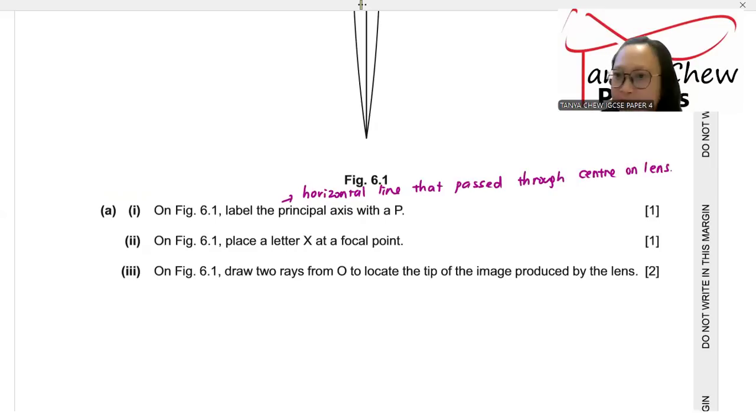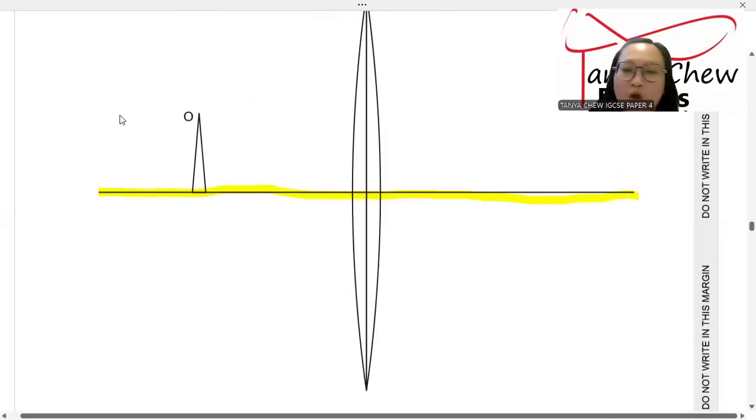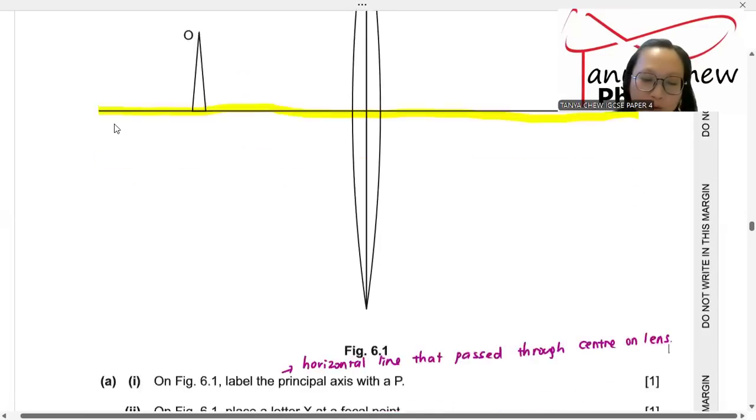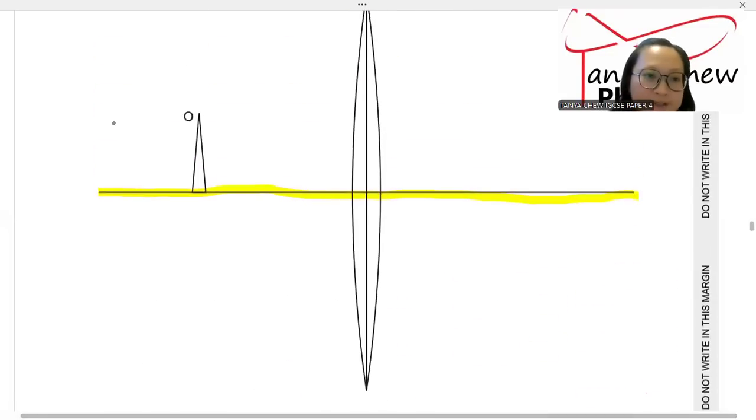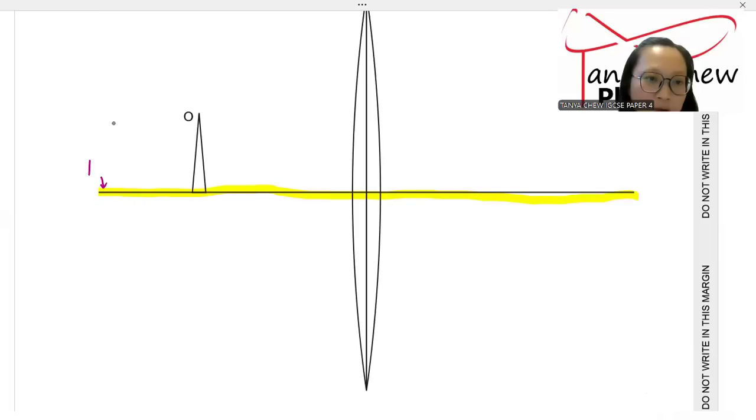Why is the principal axis so important? Because all our measurements are based on the principal axis. So when you label, you are supposed to label P, principal axis. So I'm going to label here P. Done.